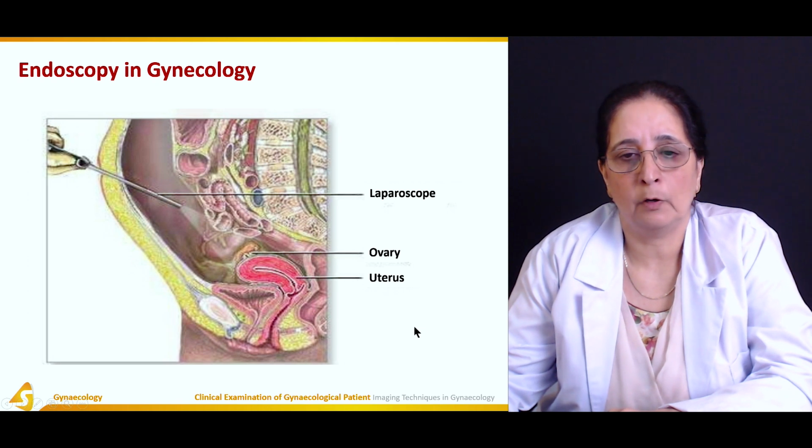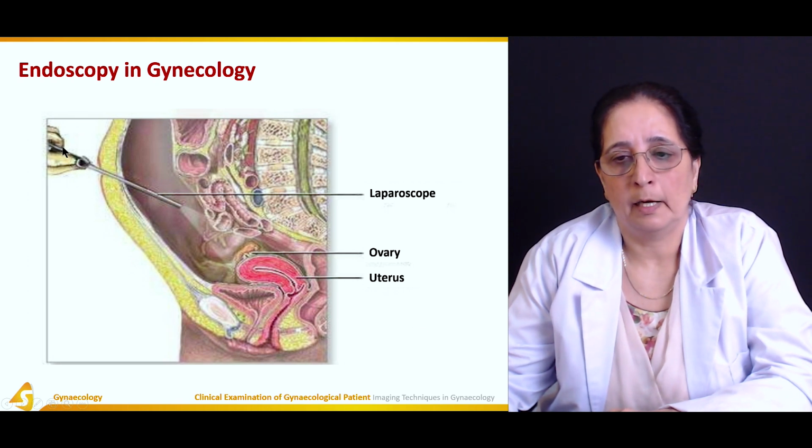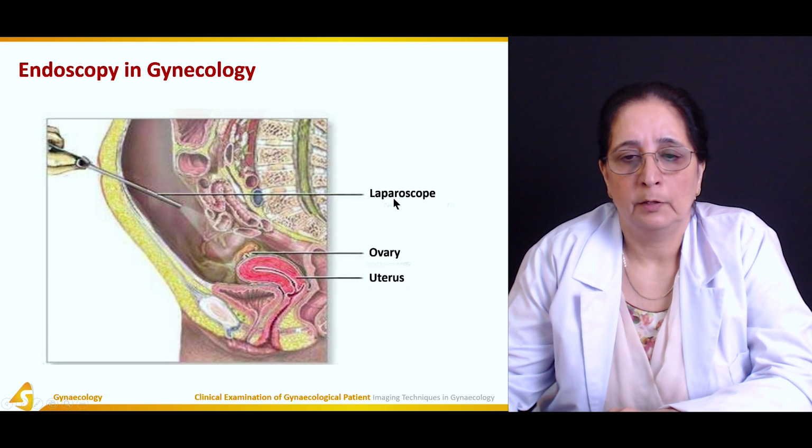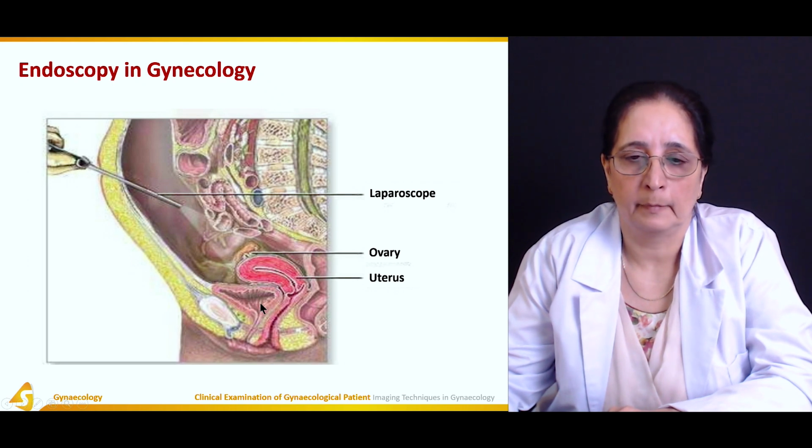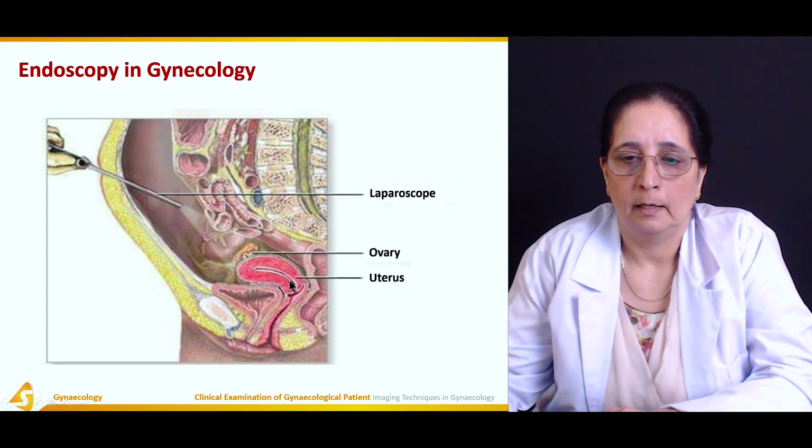Endoscopy is performed here, and then laparoscope to look for the organs inside the abdomen and the female reproductive organs. Here we have the uterus, behind the uterus, this is the bladder, and then ovaries.